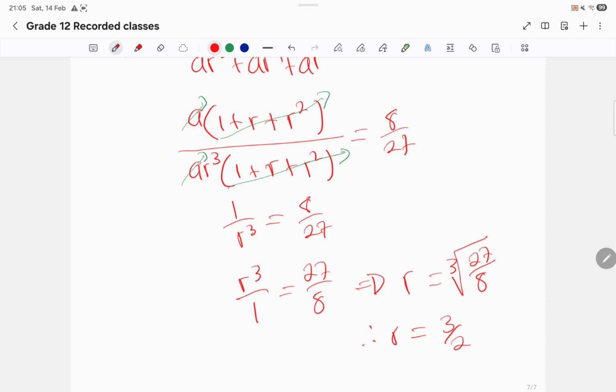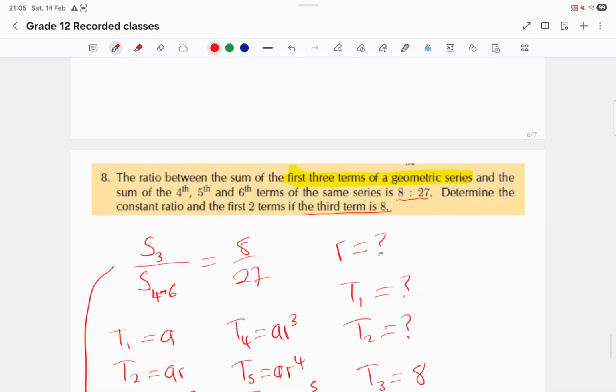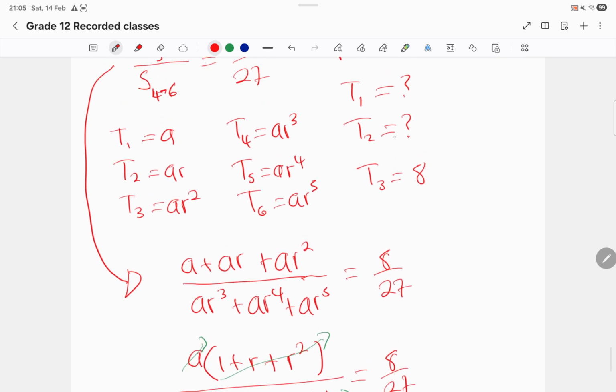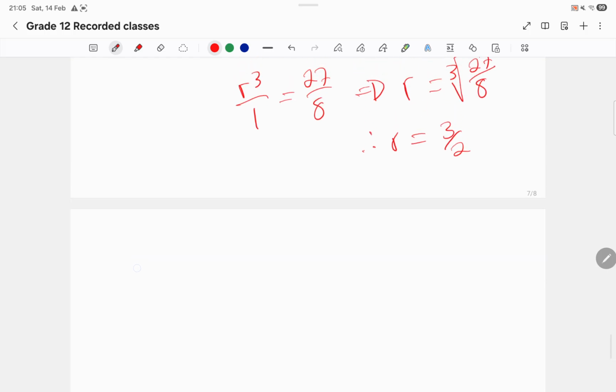We have not really arrived at our destination, because the question actually wants us to get what? The constant ratio, which is R, and the first two terms, if the third term is 8. So now we need to get what? The value of A and T2, right? So cool. We've been told that your T3 is 8.